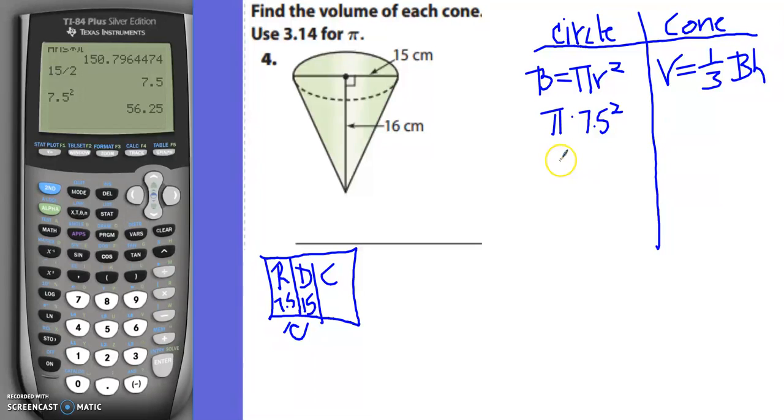is 56.25 pi. So we have 1/3 times 56.25, and then times the height, which is 16.